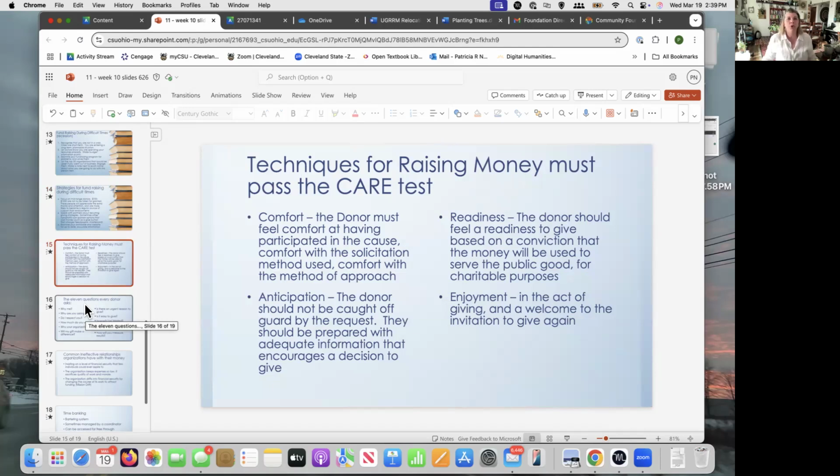Okay, so your donor must feel comfort at having participated in the cause. Can you think of any recent media campaigns for money where you gave $5 just to get them through for this crucial deadline, and then you just got an email the next day saying there was still a crucial deadline?